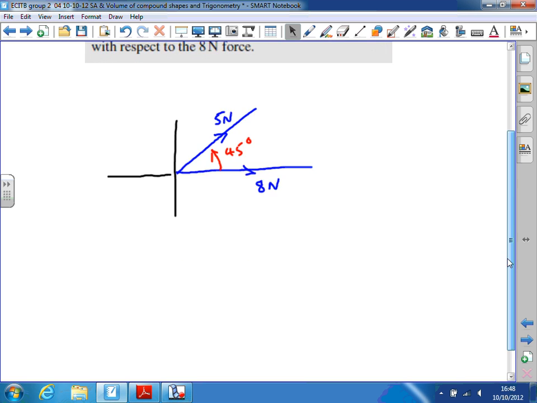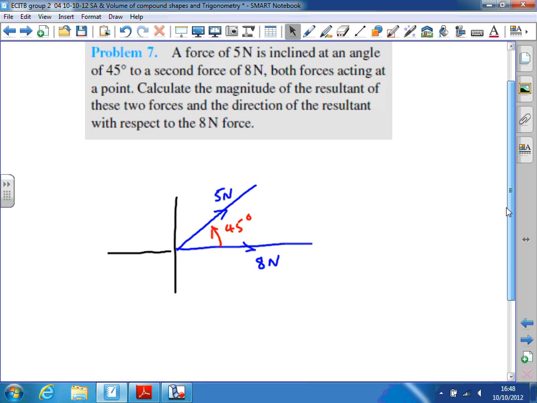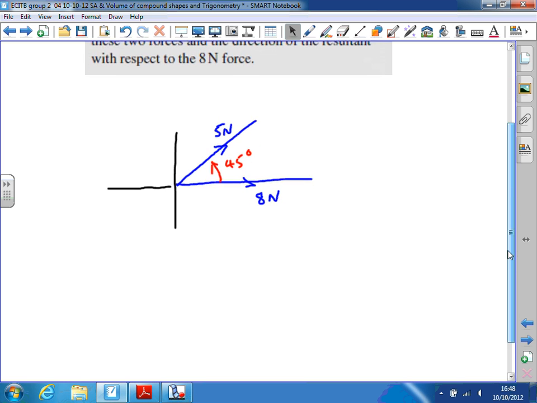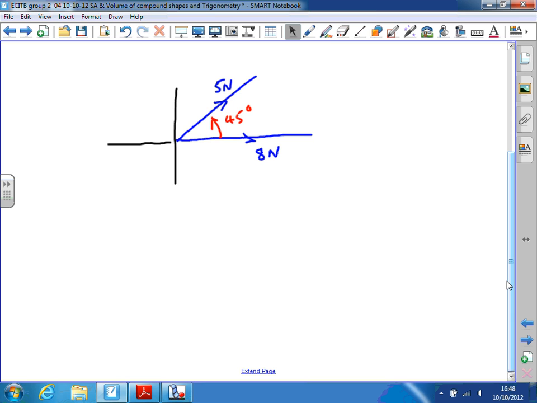Let's look at this then. There's 3 ways we can think about this, so let's quickly summarize those. The first way is, and I guess you've been doing this sort of thing, first of all I could draw the 8 Newton force. So the first way is the top-to-tail method: at the end of the 8 Newton force, draw the 5 Newton force.